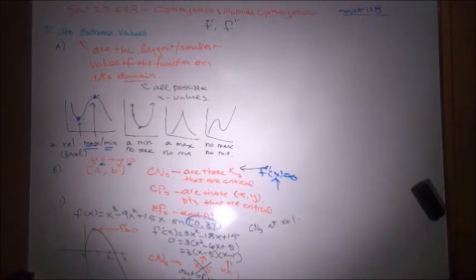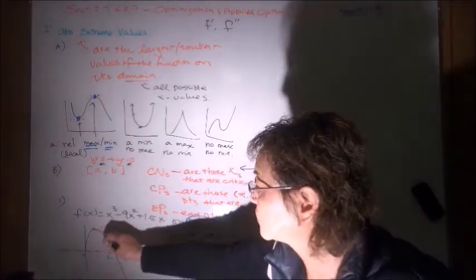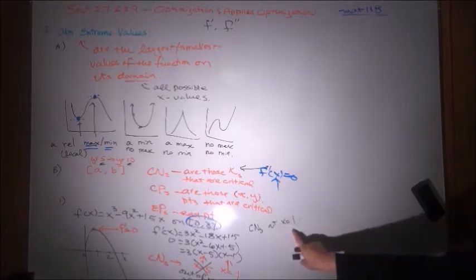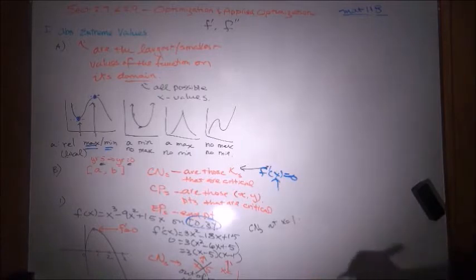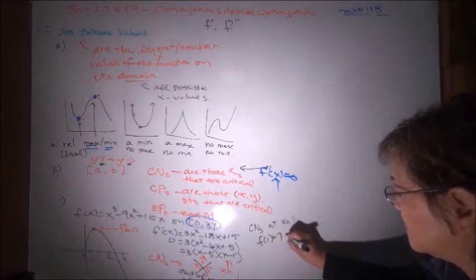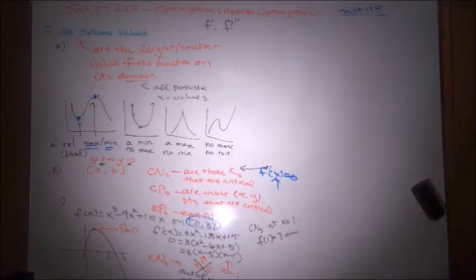Then the question was to find the absolute extreme values. That means for the whole time, what's the highest point? What is the lowest point? So at this time, the highest point would be f of 1, which is 7. 7 is your highest point.